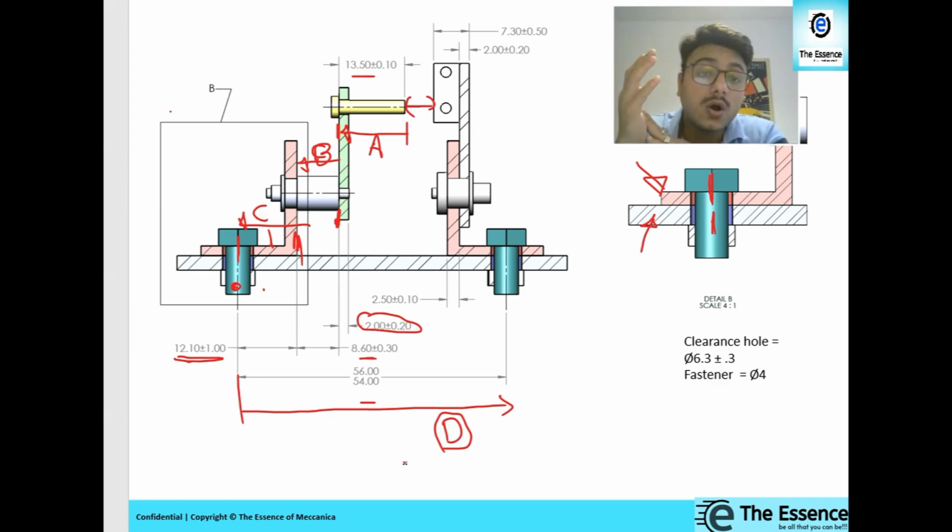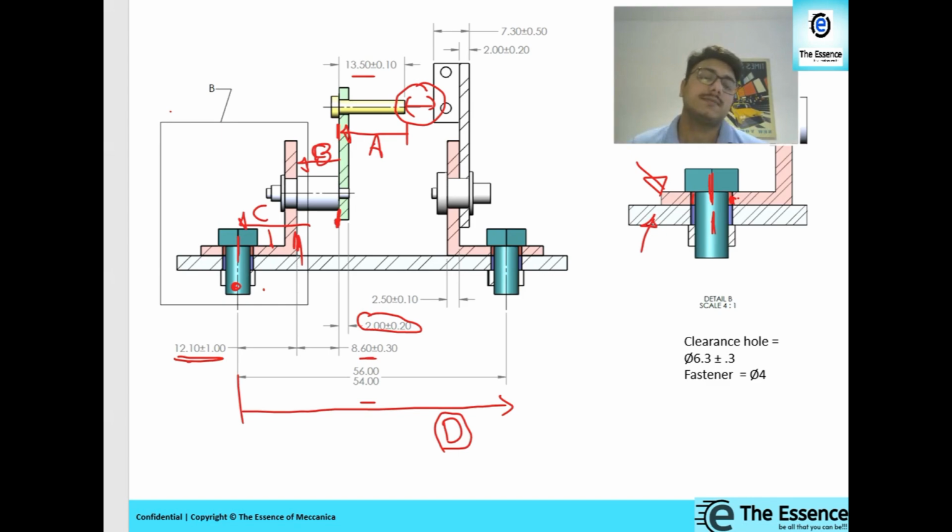Why? Because there is a play also. If you see, the clearance holes are always larger than the bolt diameter. So we need to consider those as well, because there might be chances of movement due to that larger clearance hole, and that is going to impact this gap. So we need to consider that.